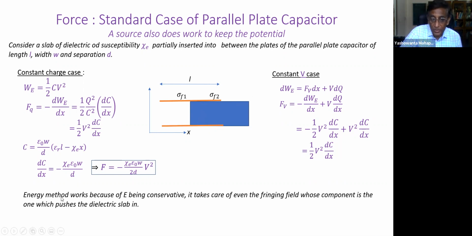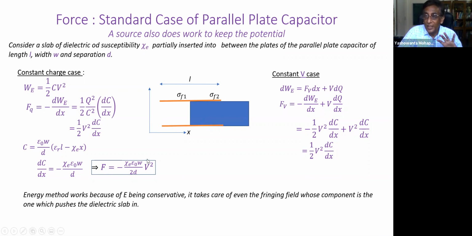Okay, so the energy method works, but I'm not calculating the fringing field. How did I get the effect? Because the energy method works because E is conservative, it takes care of even the fringing field, whose component is the one which pushes the dielectric slab in. That's important to realize.